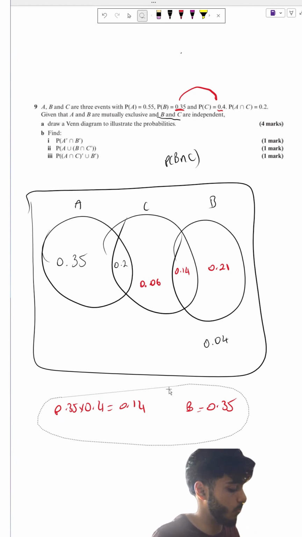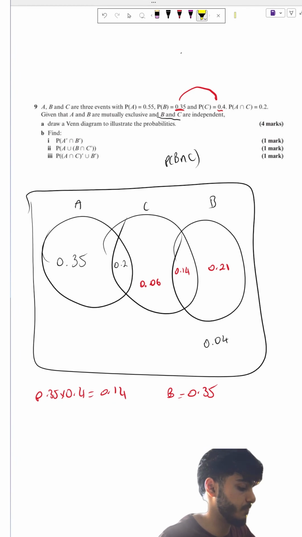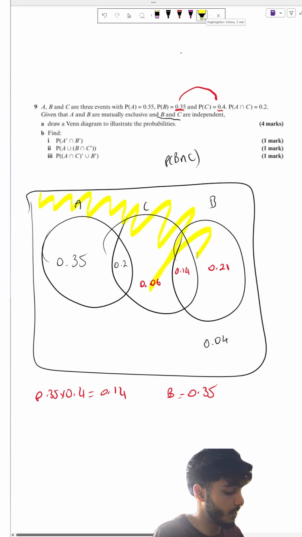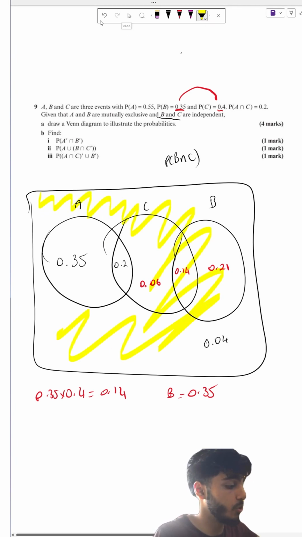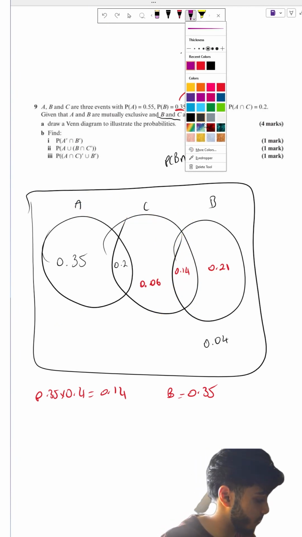Okay, now we're going to work out our questions. Probability of not A and not B. So we don't want A at the moment, but then we don't want B either. I'm actually going to try to turn this into highlighter.